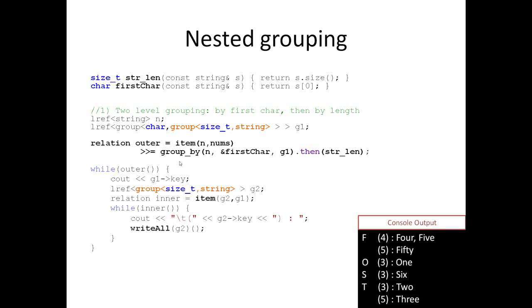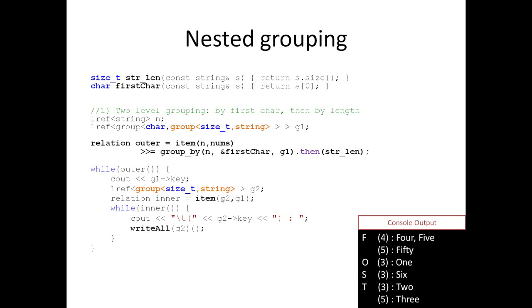Finally, we are ready to iterate over the outer and inner groups. So triggering the evaluation on outer, which will give you one outer group at a time, in G1, we print the key of G1. Then we iterate over each subgroup in G1 using the iteration variable G2 and the relation item.